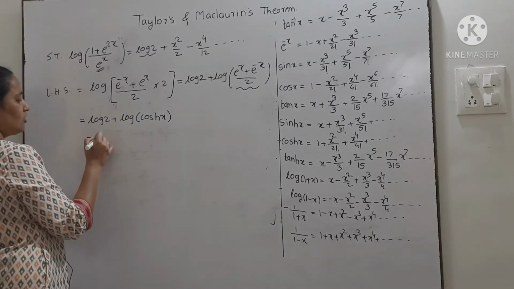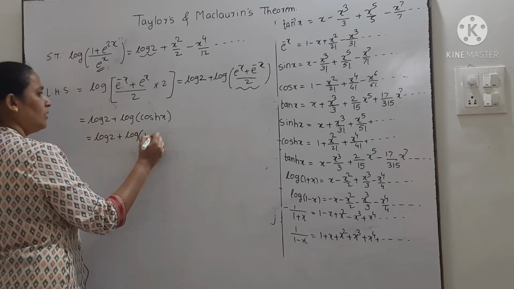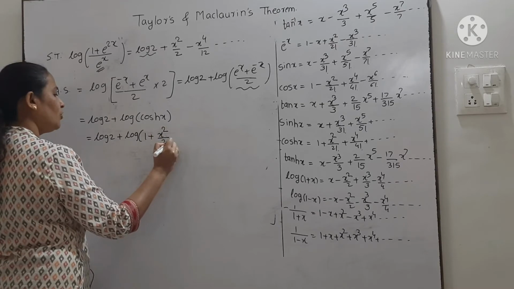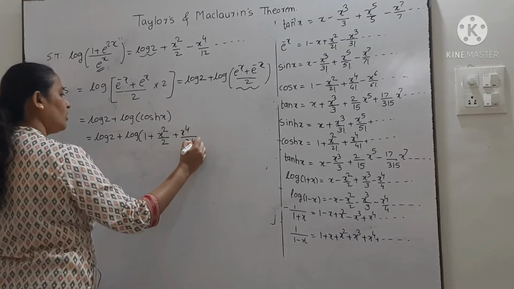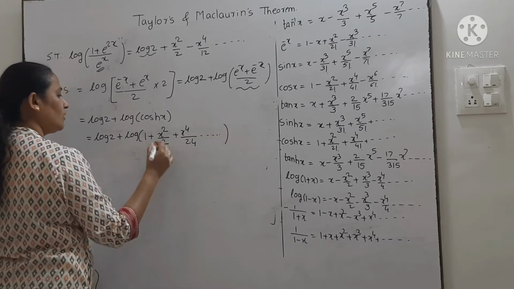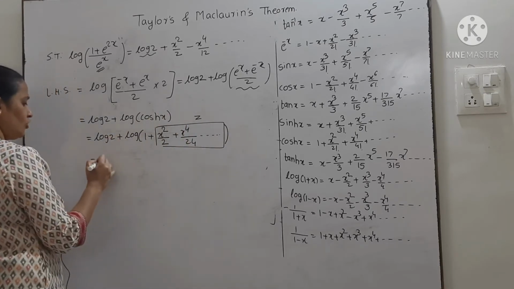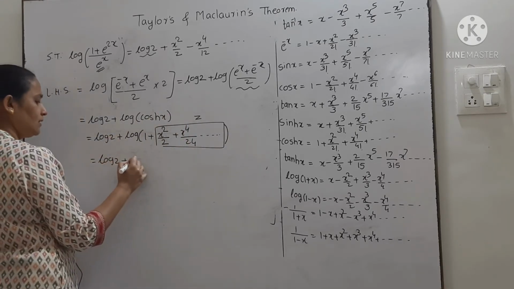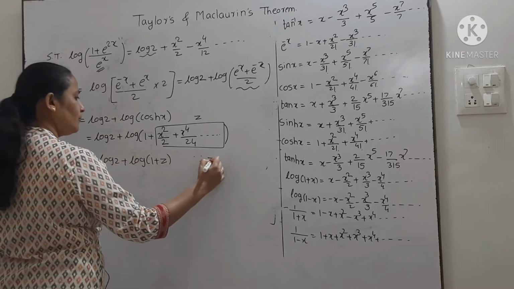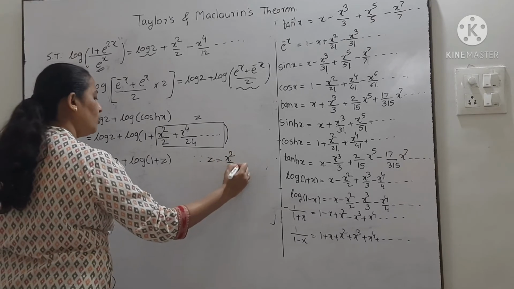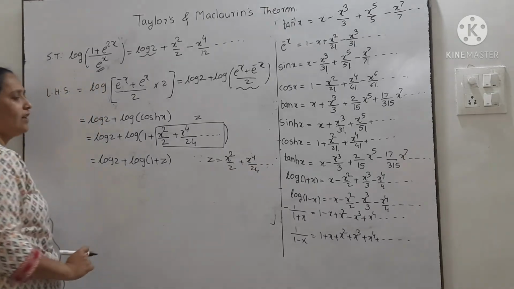If I use that expansion, it is log 2 plus log of 1 plus x square upon 2 factorial, 2 factorial is 2, plus x raised to 4 upon 4 factorial, 4 factorial is 24, and so on. For our convenience, we will assume this as z. So you have log 2 plus log of 1 plus z, where z is equal to x square upon 2 plus x raised to 4 upon 24 and so on. This is the value of z.